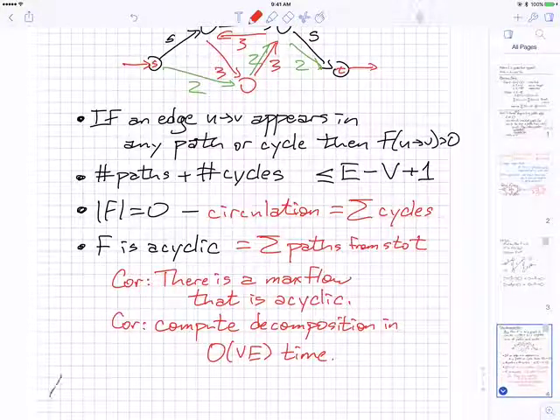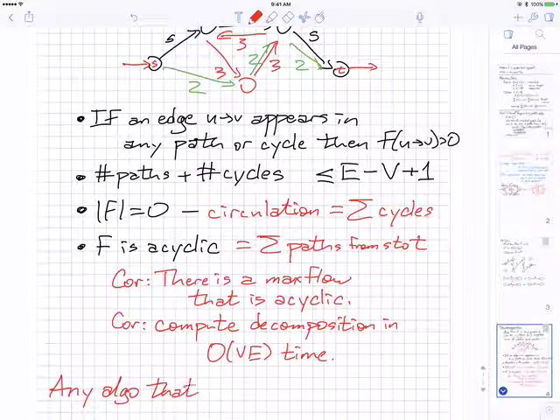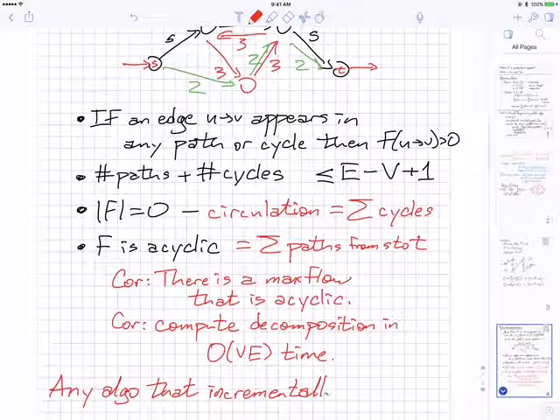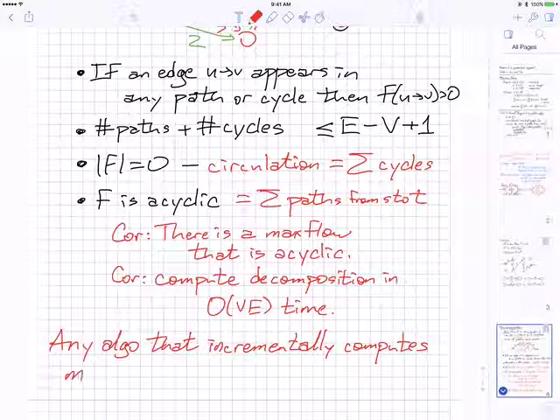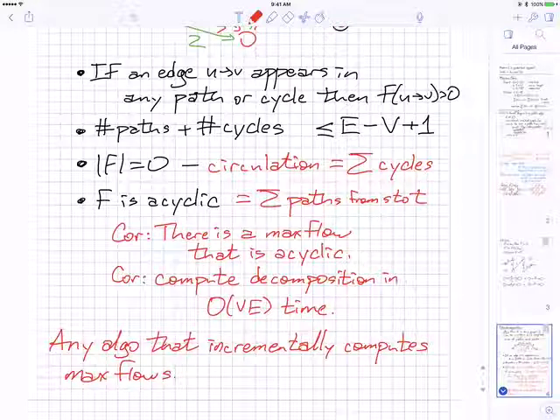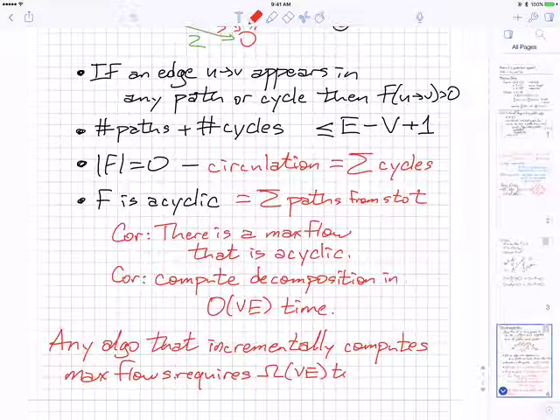But that also means that any algorithm that incrementally computes flows, by which I mean it computes the flow by finding a path or finding a cycle to push flow around, just does that repeatedly until it computes a maximum flow, requires at least that much time in the worst case.